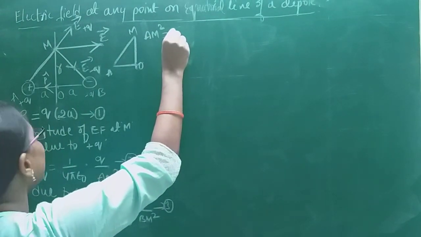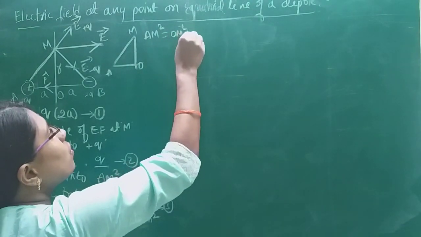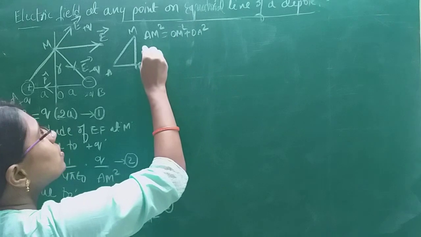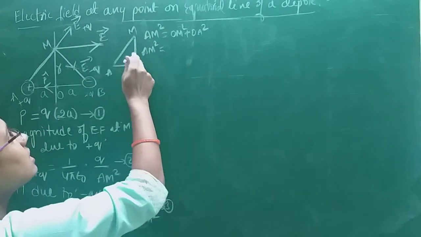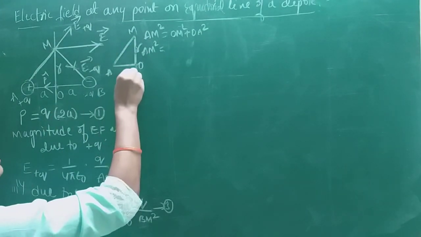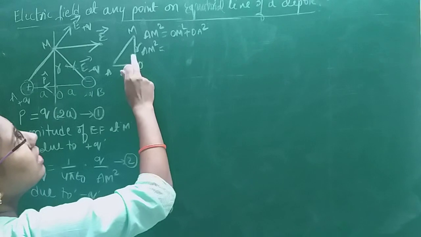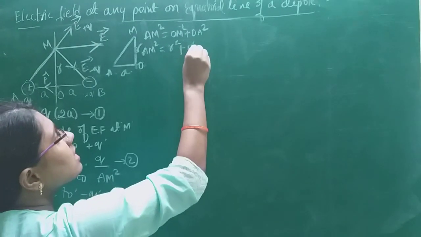That is nothing but OM square plus OA square. So AM square is equal to OM square plus OA square, where OM value is R and OA value is A. So OM square means R square plus OA square, which is A square.